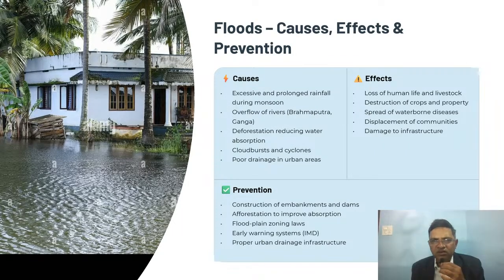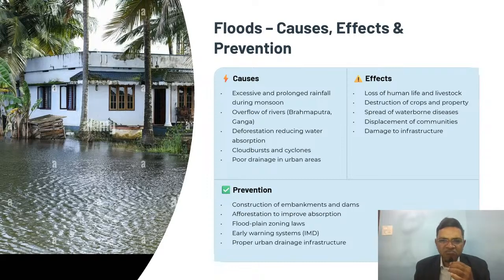Then floods: causes, effects and prevention. So why do floods come? Due to excess rainfall and prolonged rainfall during the monsoon, due to which rivers like the Brahmaputra and Ganga overflow.